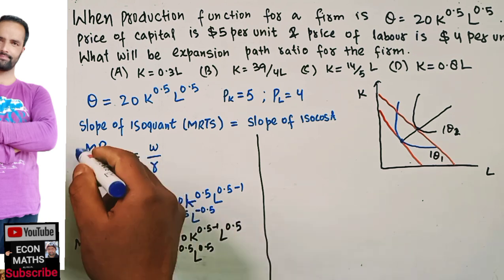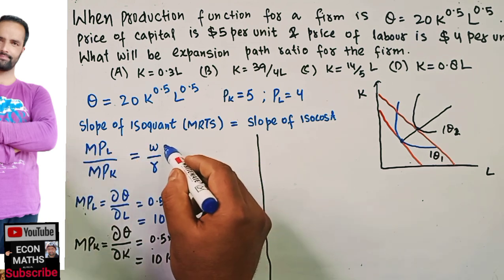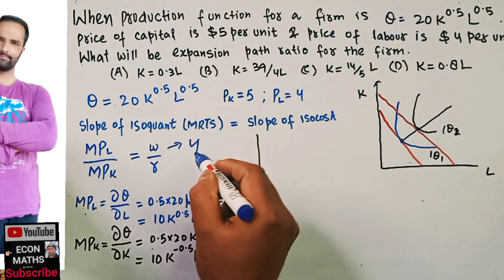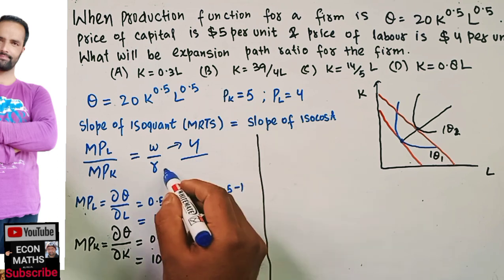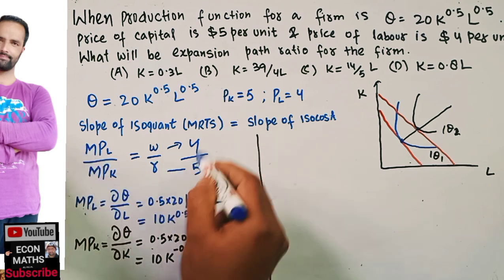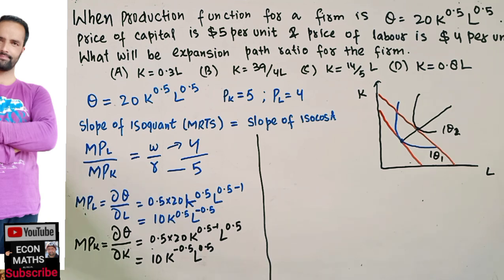Now using this condition, what is our wage rate? The wage rate means the price of labor, that is 4 here, upon the rental rate of capital, that means the price of capital, which is 5 here. Now this is our marginal product of labor, and this is the marginal product of capital.